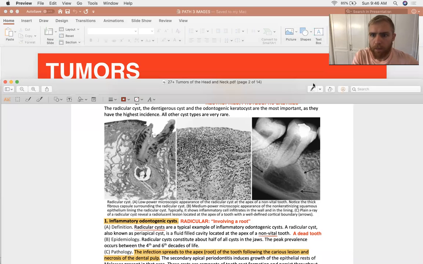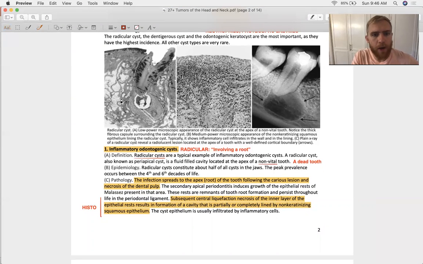Let me highlight that for you right here. That's a radicular cyst. And specifically, that kind of pointy, apical looking part of the tooth, that's the root of the tooth.